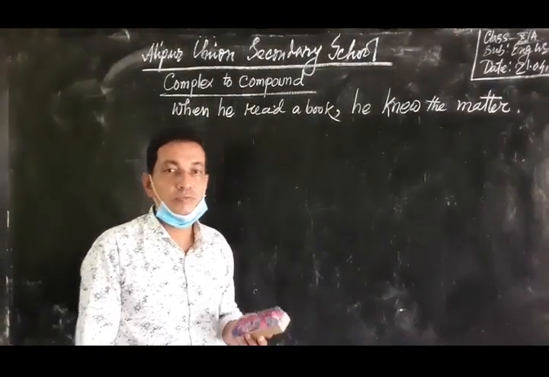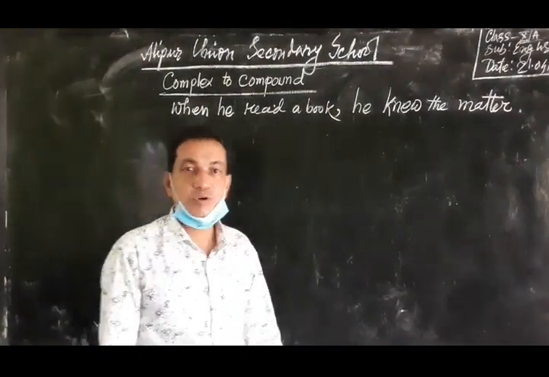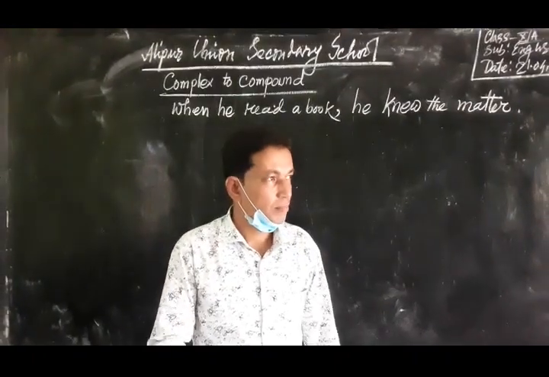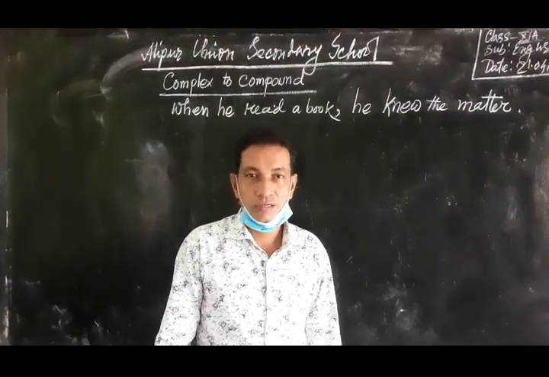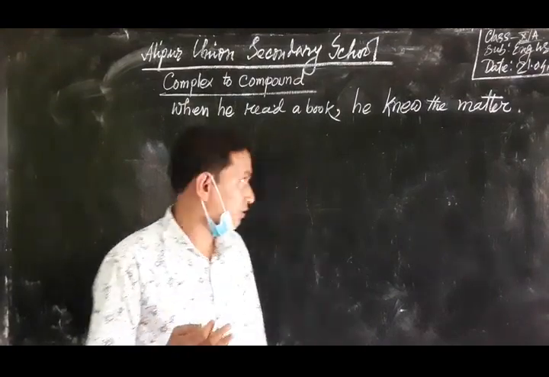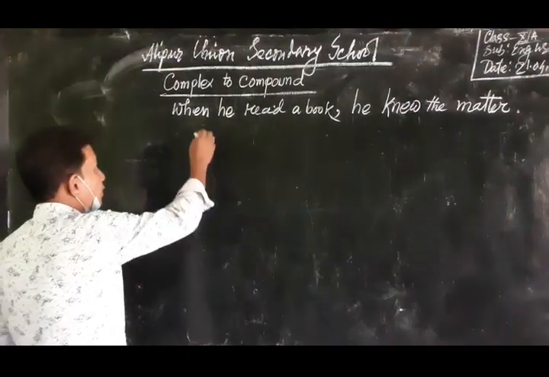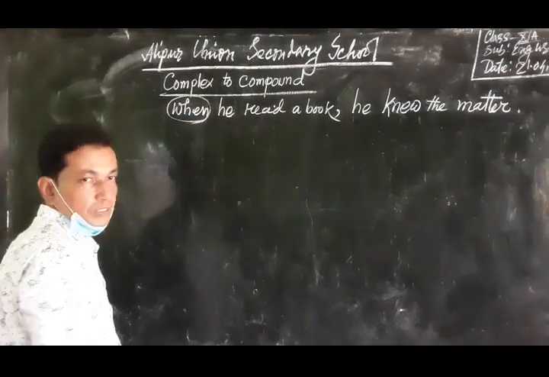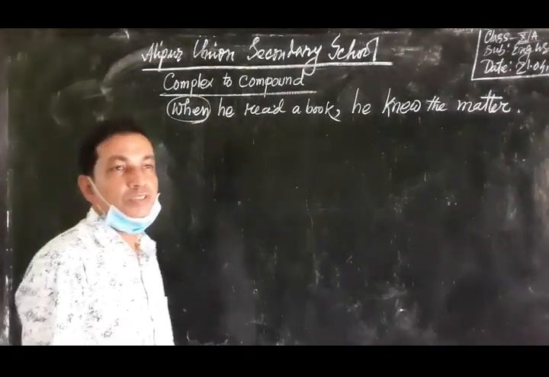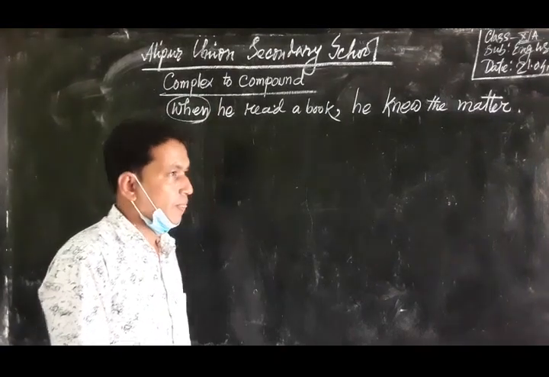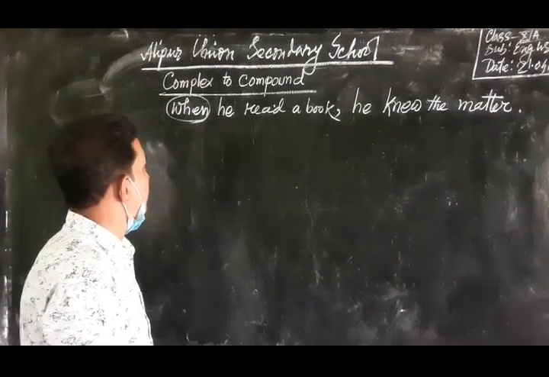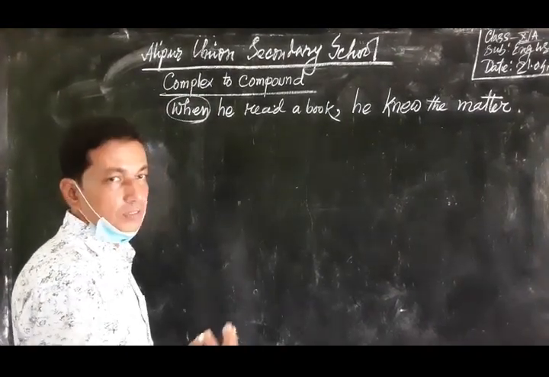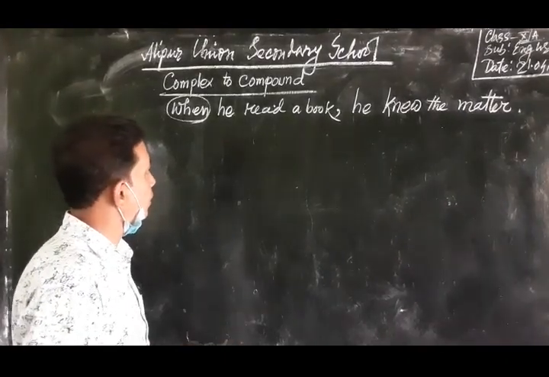And if we want to change this sentence into compound, next we have to change some items of this sentence, such as we have to demolish the subordinating conjunction. The subordinating conjunction will be demolished from this sentence, and except this there will be no sense.